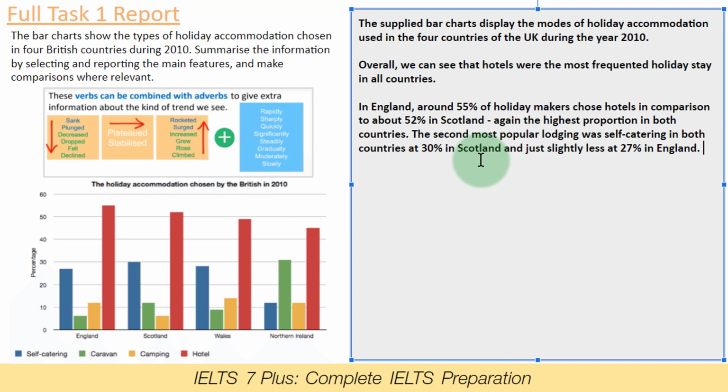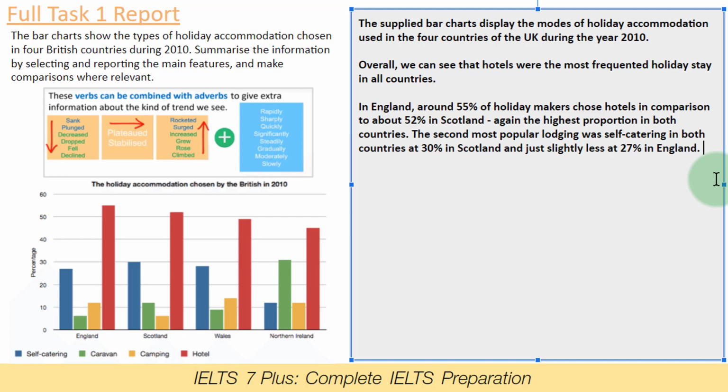Okay, so now we can see that we have significantly lower figures. Looking at our vocabulary here, we could say these figures sank significantly for both caravans and camping. Trends are better on time, but we can still use them for this kind of bar chart in a single time period.